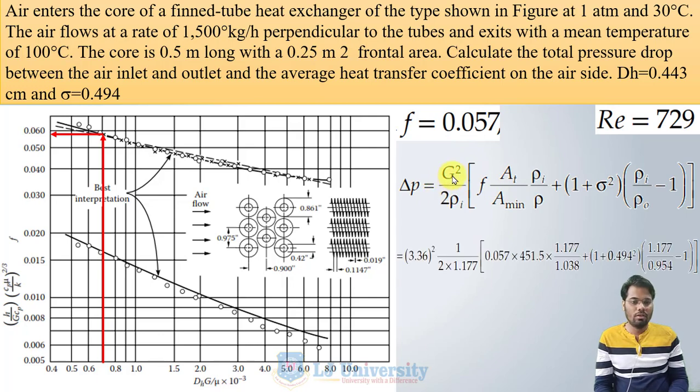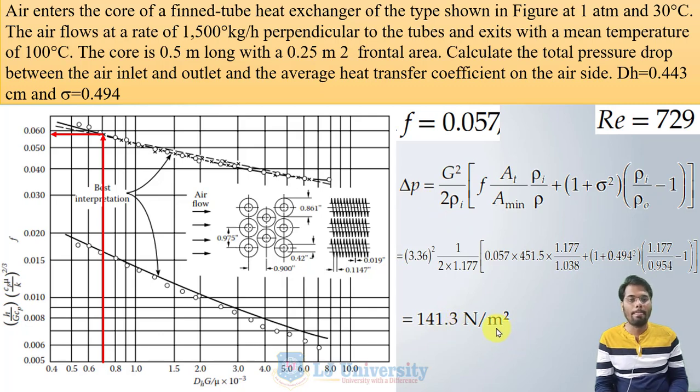Putting in the values, we have G, which is 3.36 squared, divided by 2 into the inlet density from the table, the value of F, the ratio AT by A minimum, both the densities, and the value of sigma is also given. By putting all the data in this equation, we will get the pressure drop, which is 141.3 Newton per meter square.